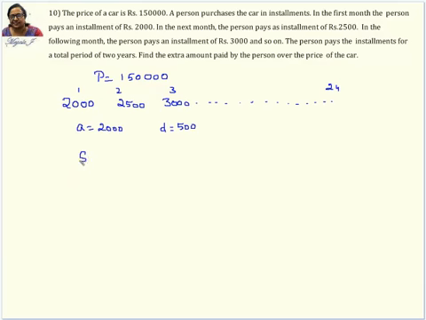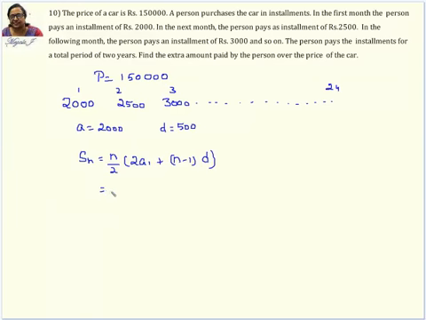What is the formula? n by 2 into 2a plus n minus 1 into d.